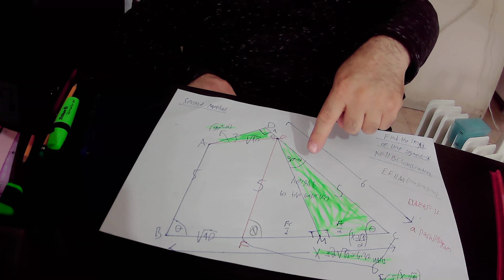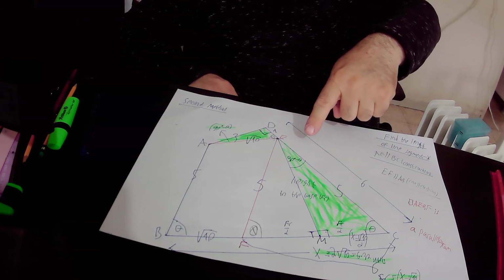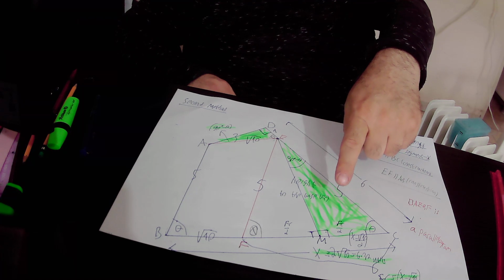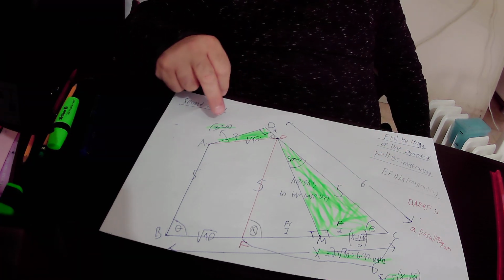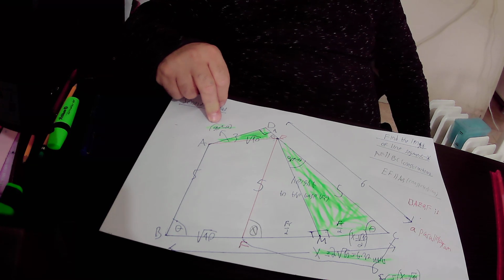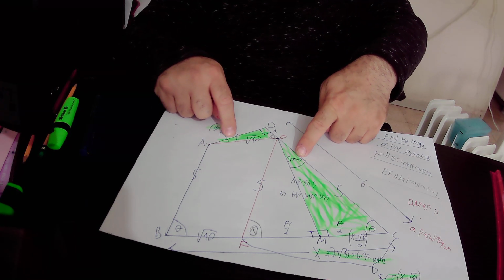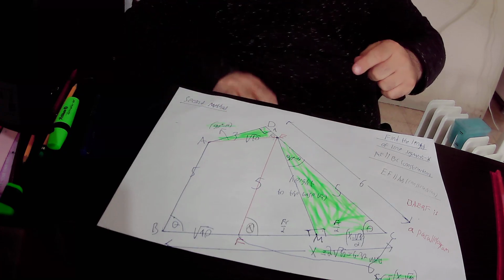Why? Because 90 degrees minus theta plus theta is 90 degrees, and 90 degrees plus 90 degrees is 180 degrees. For the same reason, this angle must also be equal to 90 degrees minus theta. So those two angles are both equal to 90 degrees minus theta, therefore they are equal to each other.